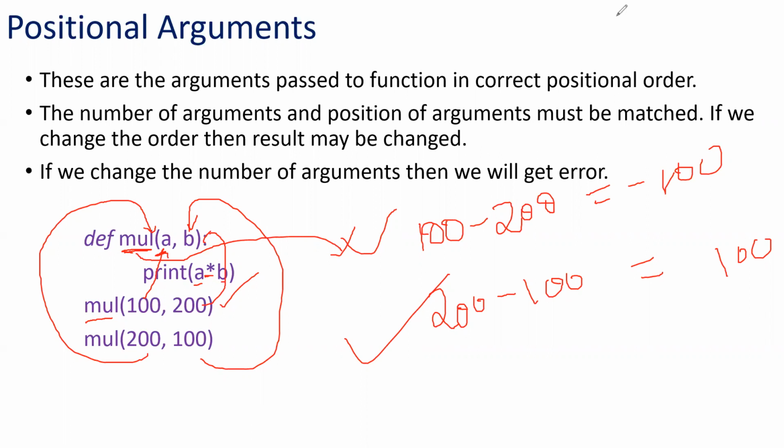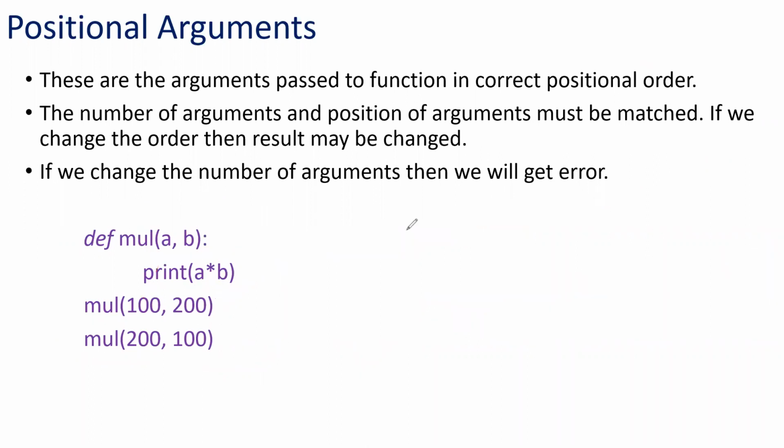Some students have got confused. You can check here: if I am using MUL, it doesn't mean that it only does the multiplication. The function name is my wish, but the logic is as per your requirement.